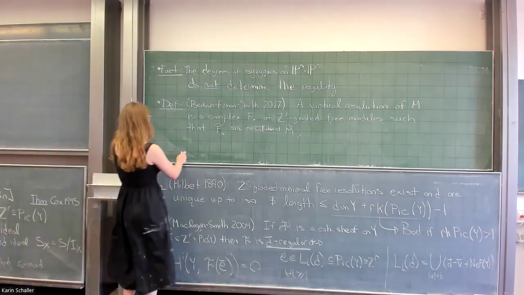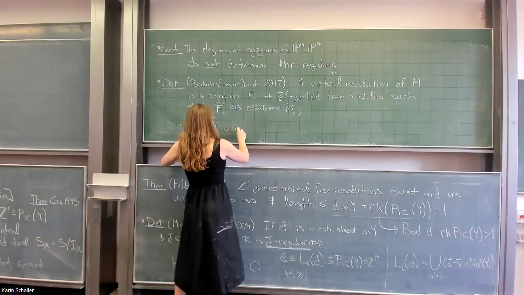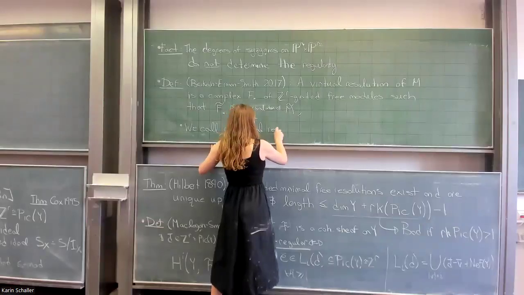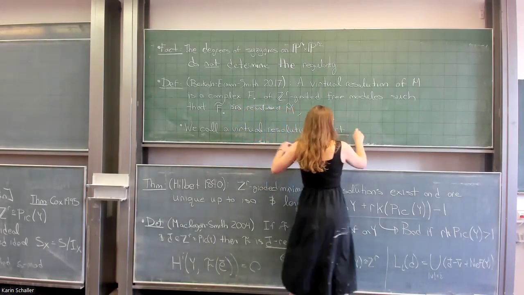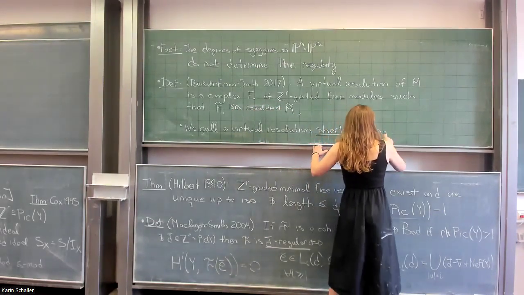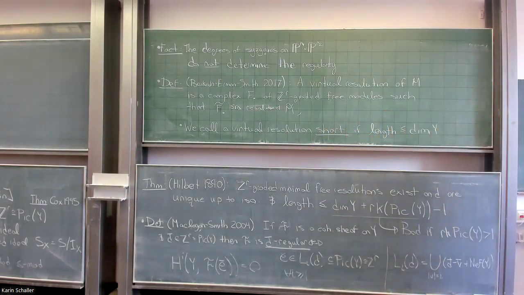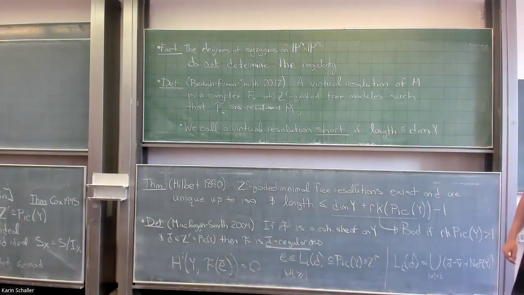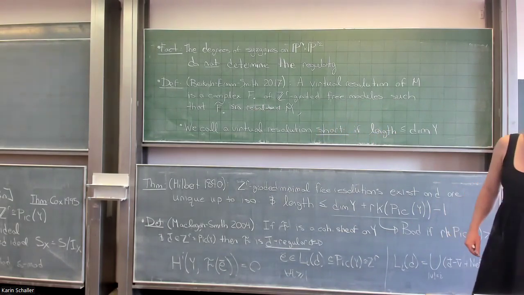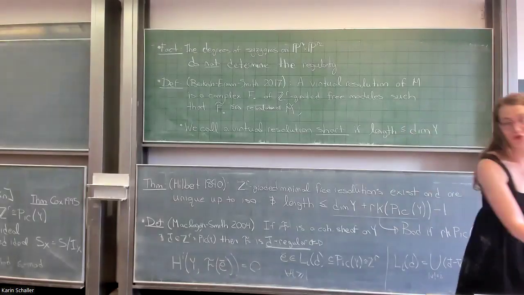And the second thing is, we call a virtual resolution short if the length is bounded above by the dimension of the toric variety we're working on, Y. So somehow they introduced this idea and said, well, maybe we can weaken our definition, allow some homology, and get short virtual resolutions.